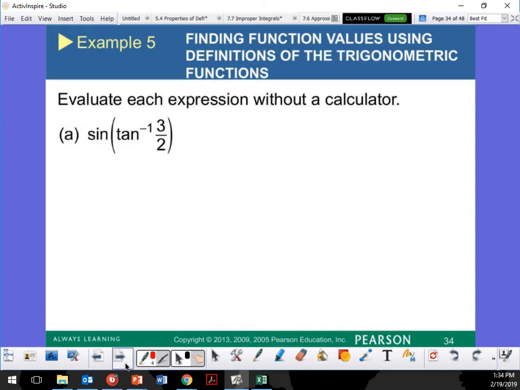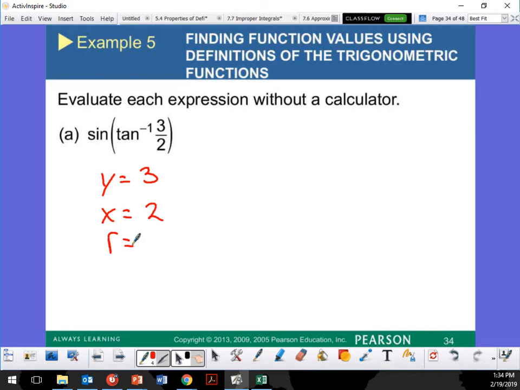So, what is tangent? Y over x. So my y is, x is, and I'm missing an r, right? What's sine supposed to be? Y over x, right? Or y over r, thank you. Y over r.